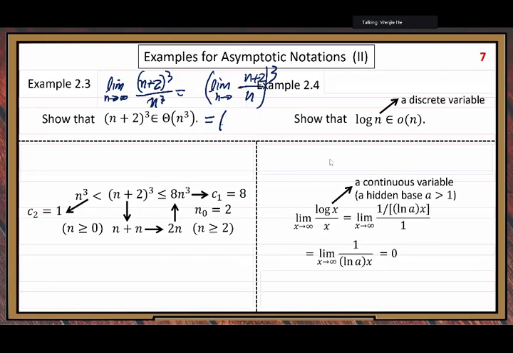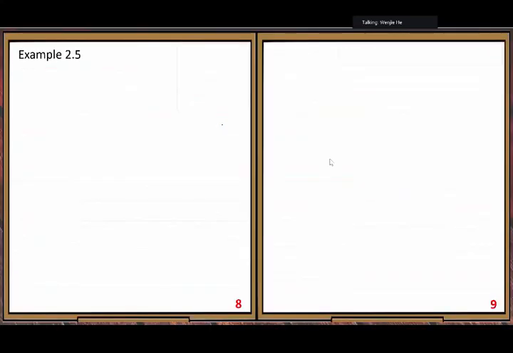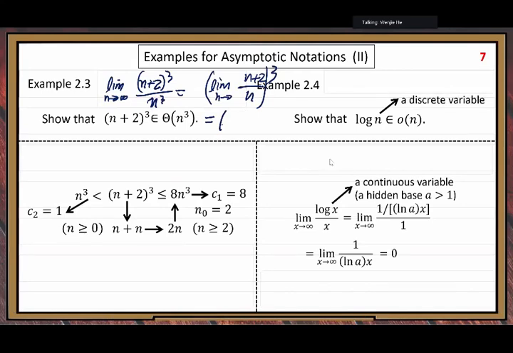So the limit is 0. Then, because this is a continuous function, we need to go back to the discrete function, right? So we need one step to go back to the limit 0.